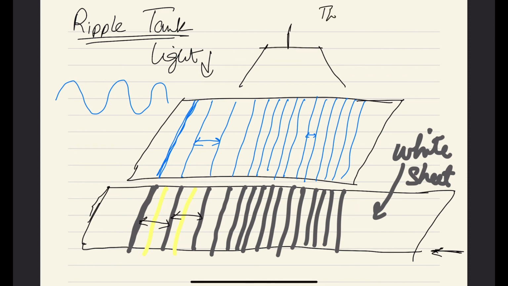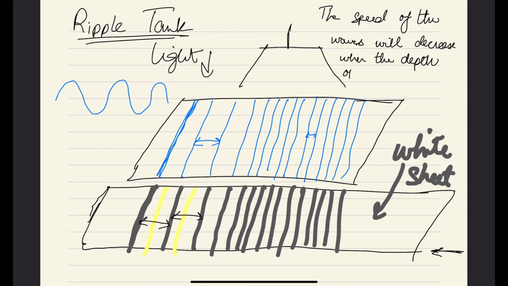The speed of the waves will decrease when the depth of the water decreases in the ripple tank.